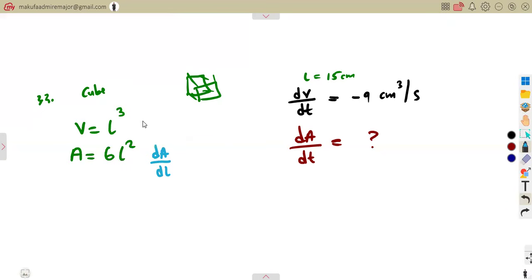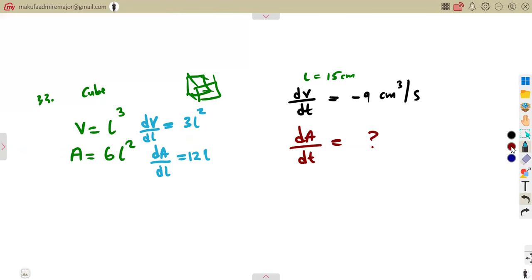From the volume, we can get dV/dL. We can even find this: this is 3L to the exponent of 2. And for the area, drop the exponent, multiply and subtract 1, that is 12L. Guys, this is what you're obtaining from these derivatives.